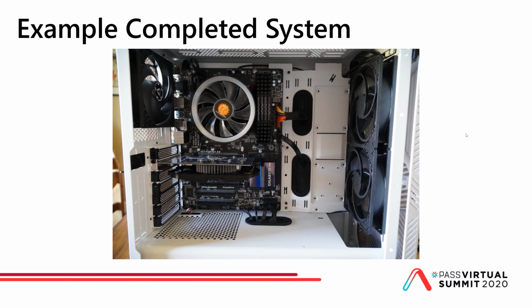Here's an example of a completed system with fairly decent cable management. And you have on newer cases some cable management features built in, like those grommets around those holes. And if you think about what you're doing and try to route your cables as much as you can behind the motherboard on the other side of this case, then you can hide a lot of those.